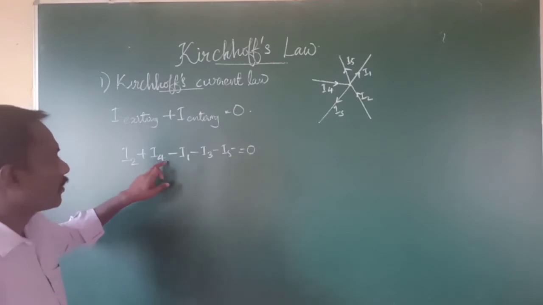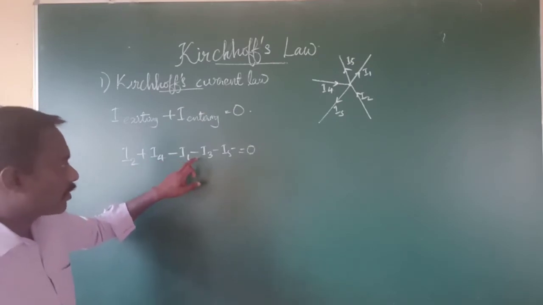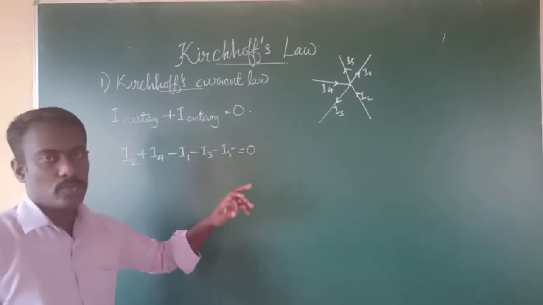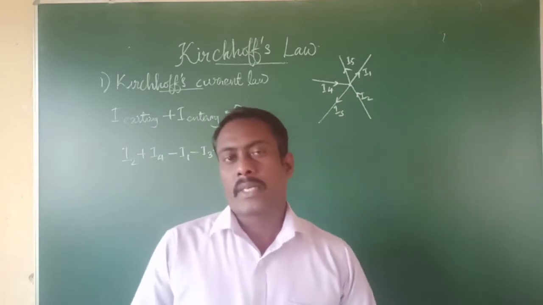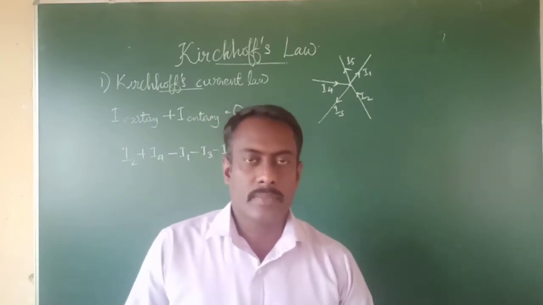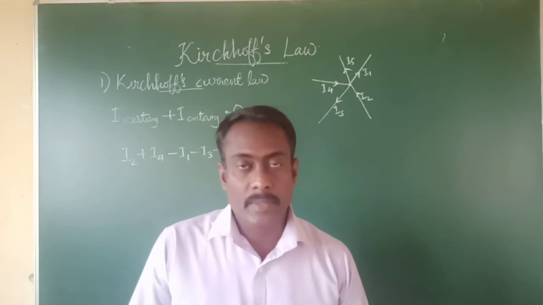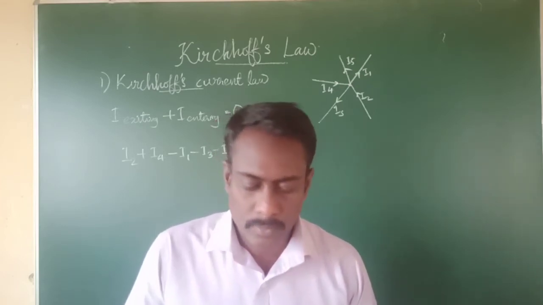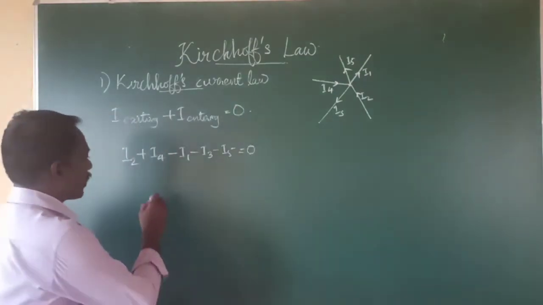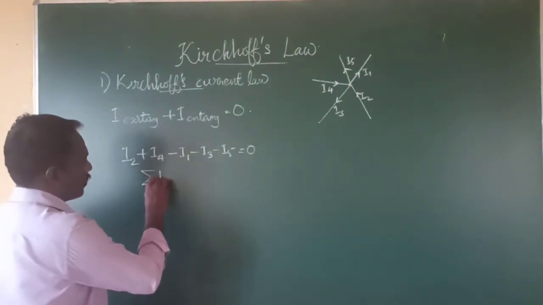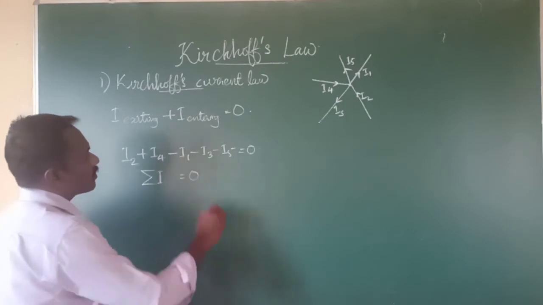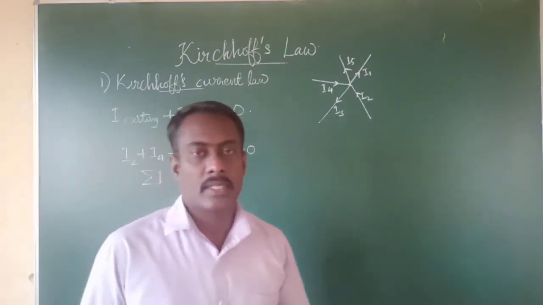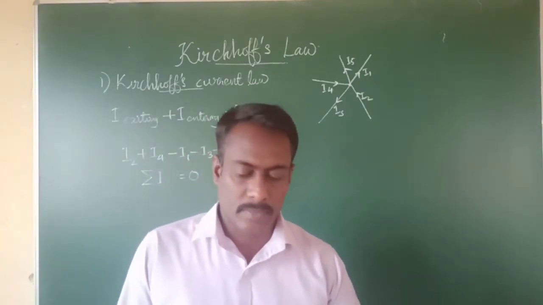So I2 plus I4 minus I1 minus I3 minus I5 is equal to zero. Kirchhoff's current law is basically the conservation of electric charge. Therefore the sum of currents I is always zero. That is what Kirchhoff's current law says.